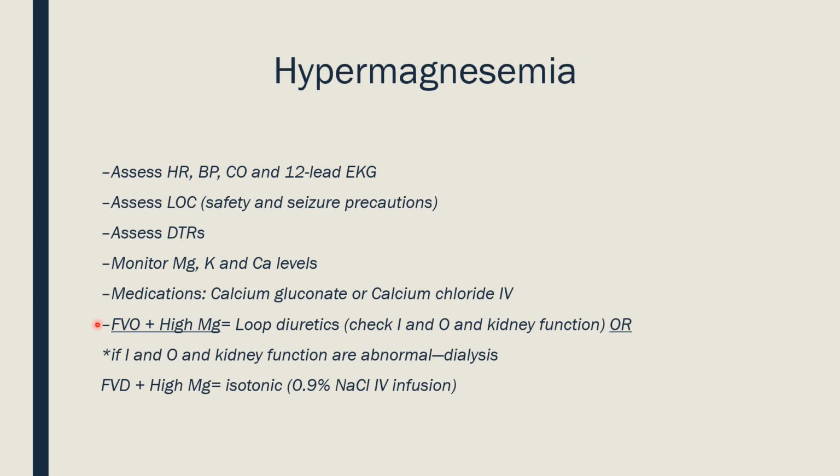So you can also give, if your patient has a lot of fluids in their body and then they have high mag, you want to give them loop diuretics, but then again, remember, check intake and output and their kidney function. Now, if their kidney function is abnormal, then dialysis is an option for them. Okay? Now, if your patient is having fluid volume deficit with high magnesium, then you want to give them isotonic IV fluids.